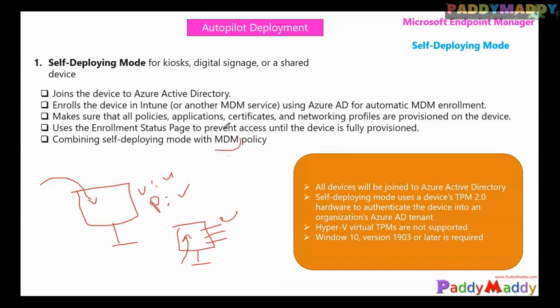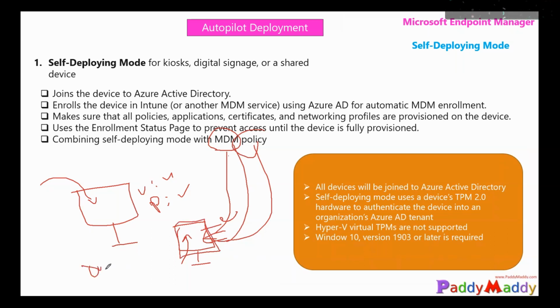It will slowly bring down all the settings and policies. The rest of the things will come slowly, meaning there is a delay for the user to use the application. Let's say the user logged in, but there will not be the Outlook application. He can't use it. He's not productive on an immediate basis.